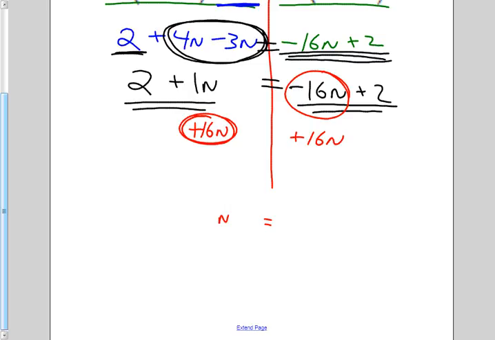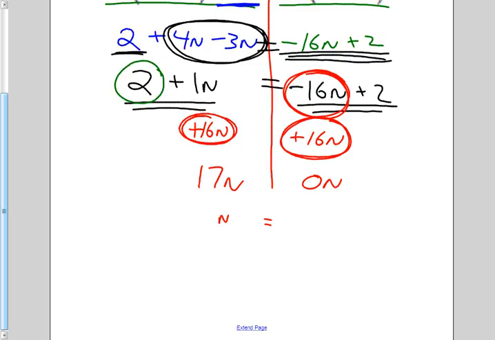Negative 16 plus 16 goes away, and I get 0. Over here, I get 17. I did not touch the 2, so this 2 is still hanging out. Nor did I touch this 2, so that's still hanging out.